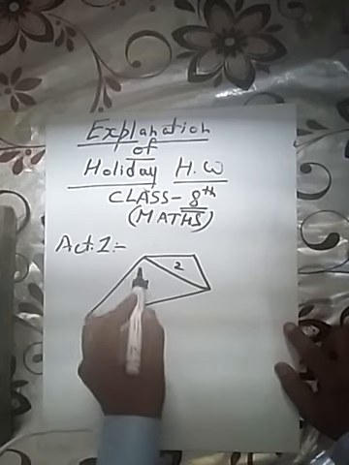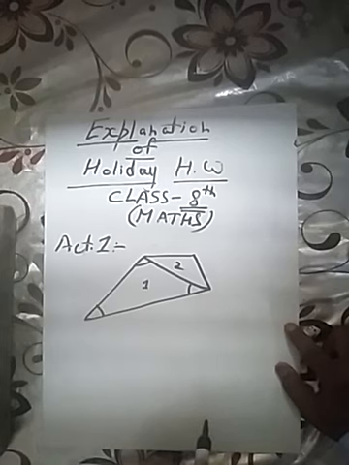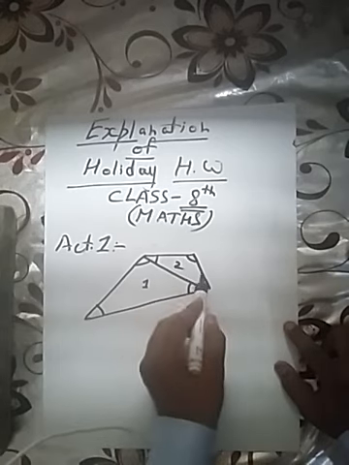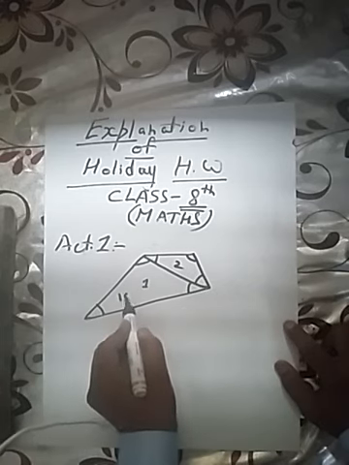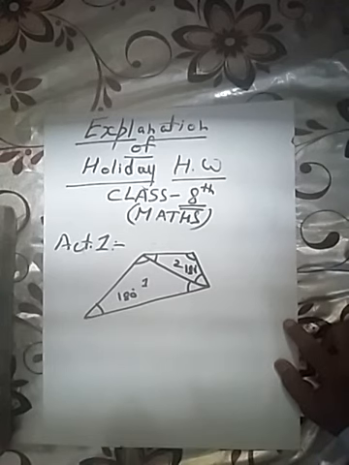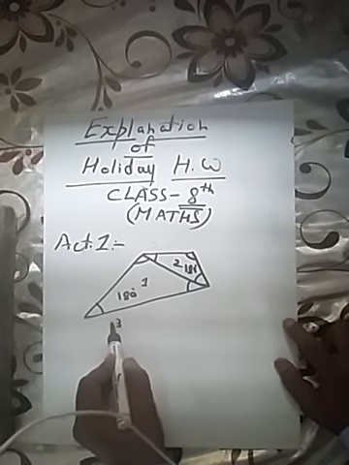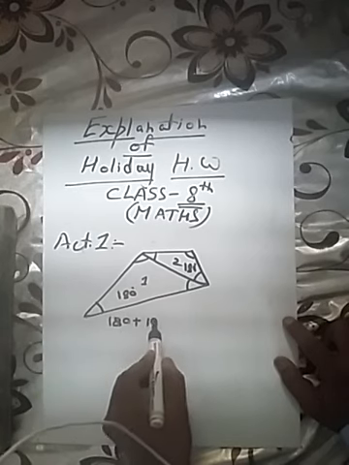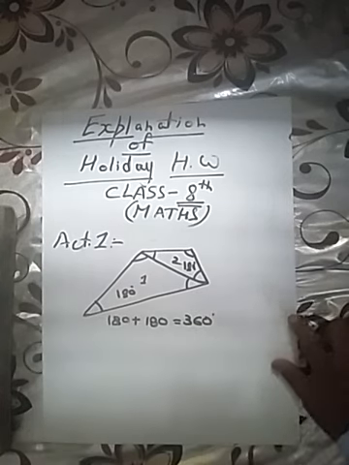We know that the sum of all the angles of triangle 1 is 180 degrees. Similarly, for the second one it is 180 degrees. So the total angle will be 180 degrees plus 180 degrees, that is 360 degrees.